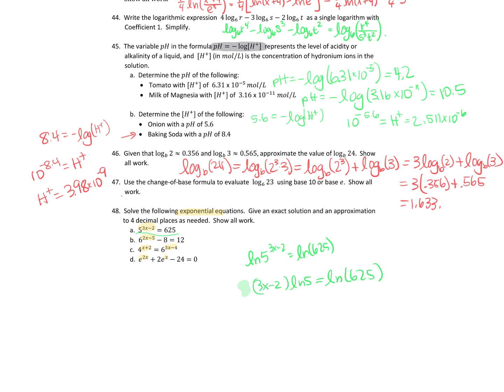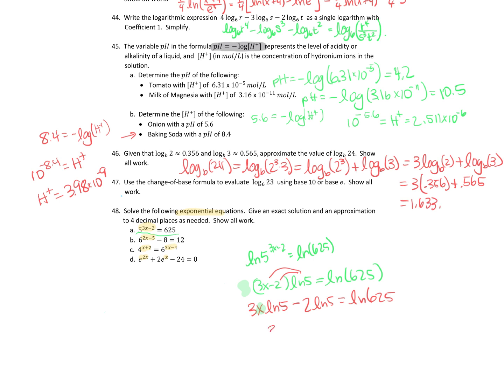Okay, and then I can distribute this out. So I get 3x natural log 5 minus 2 natural log 5 equals natural log of 625. And then I'm trying to solve for this x right here. So I want to add the 2 natural log 5 over to the other side.